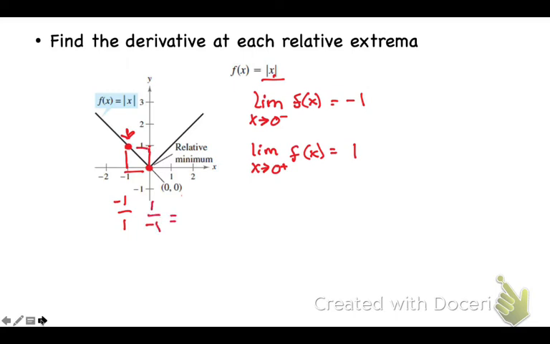So either way, it's negative 1. Now on the other side, what's the slope? Up 1, right 1, or right 1, up 1, but either way, the slope is 1. Okay, so this is not a continuous function. It is a discontinuous function.